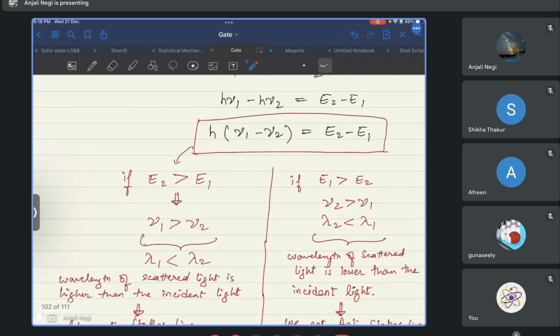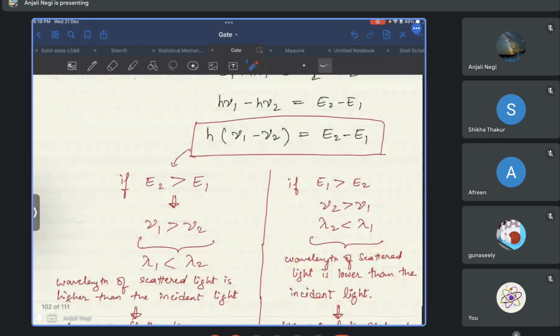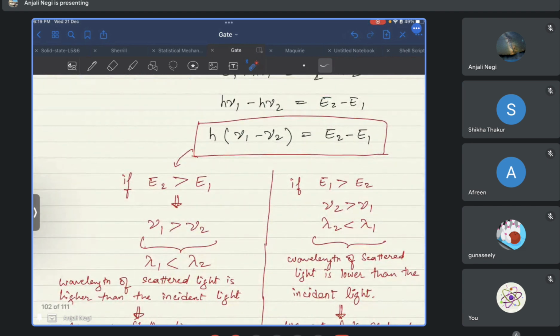So if my energy E2 is greater than E1, remember that this E2 is the energy after the interaction of the photon. If the energy after the interaction gets higher, that is E2 is greater than E1, it simply means that h mu 1 is greater than h mu 2, correct?